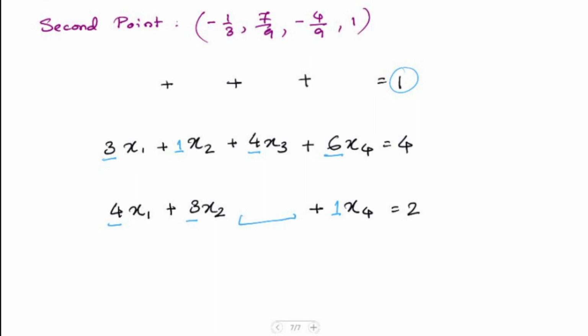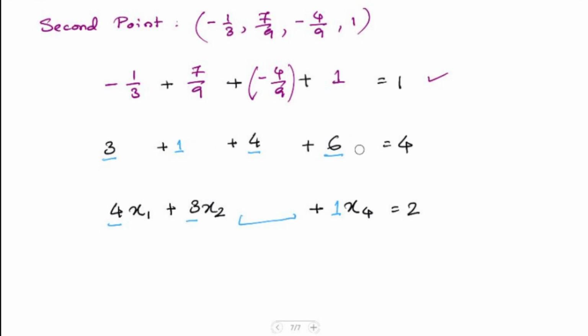So here we'll just write the number, which is minus 1 over 3, plus we have 7 over 9, minus 4 over 9, and then we have 1. And now if you solve this, you will see that it is actually equal to 1. So that will be correct. And then here, again, I have to replace the x values. Here I just remove the 1.